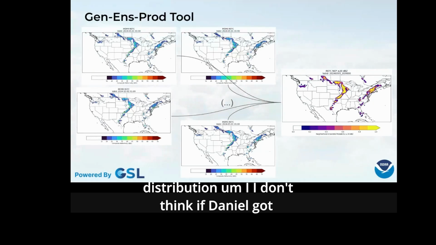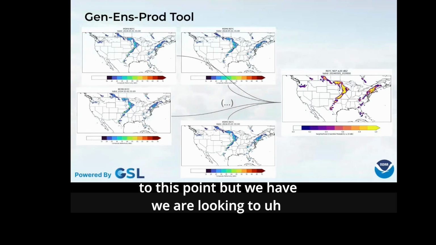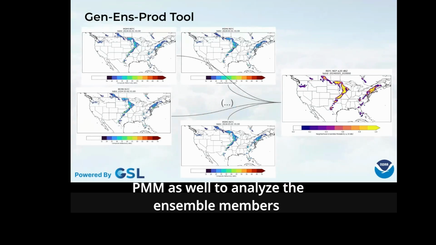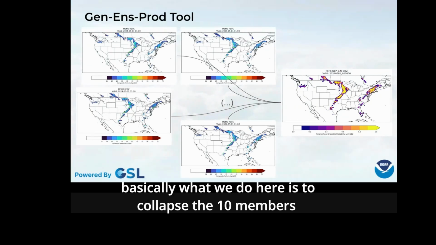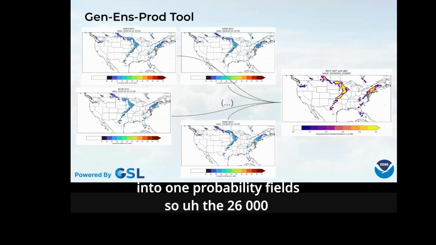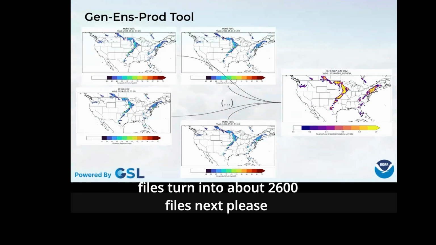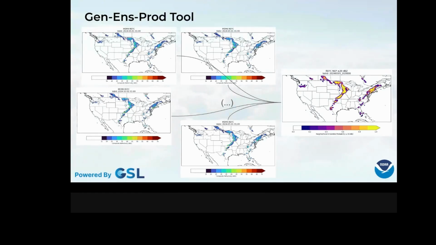I don't know if Daniel got to this point, but we are looking at PMM as well to analyze the ensemble members, but we are also looking at using these probability fields to compare against observations. Basically, what we do here is to collapse the 10 members into one probability field. So the 26,000 files turn into about 2,600 files. Next, please.